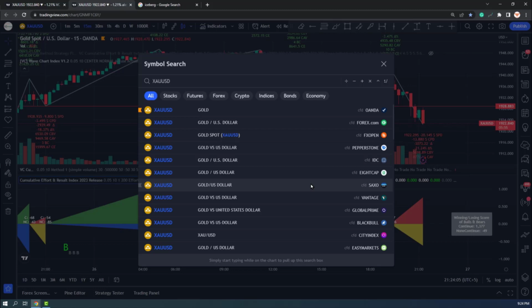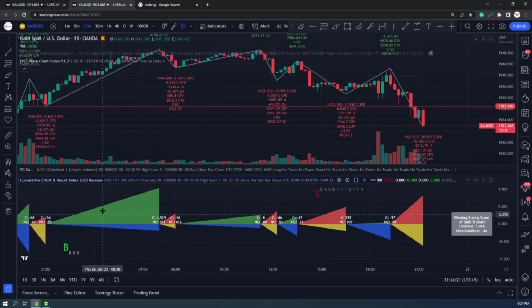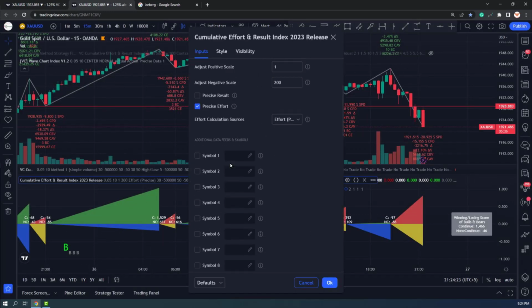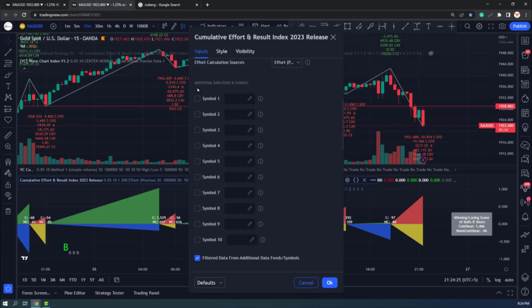But we can get almost near to real data if we use multiple data feeds of brokers. That's why these inputs can help you. You can actually include 10 additional data sources, 10 additional data feeds.